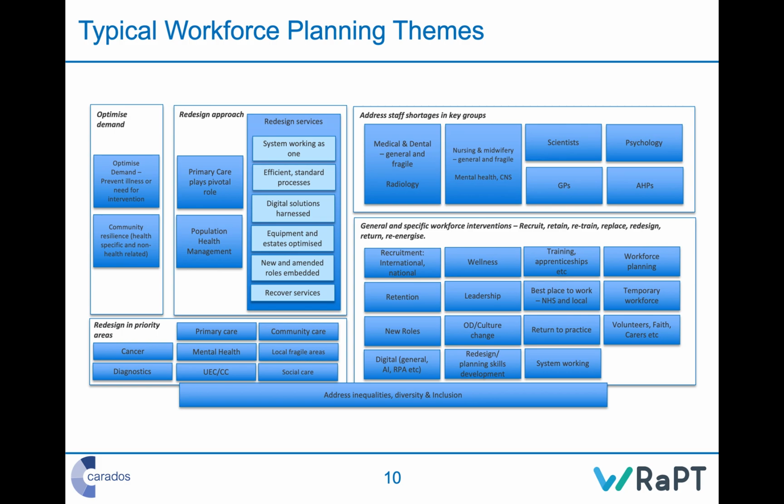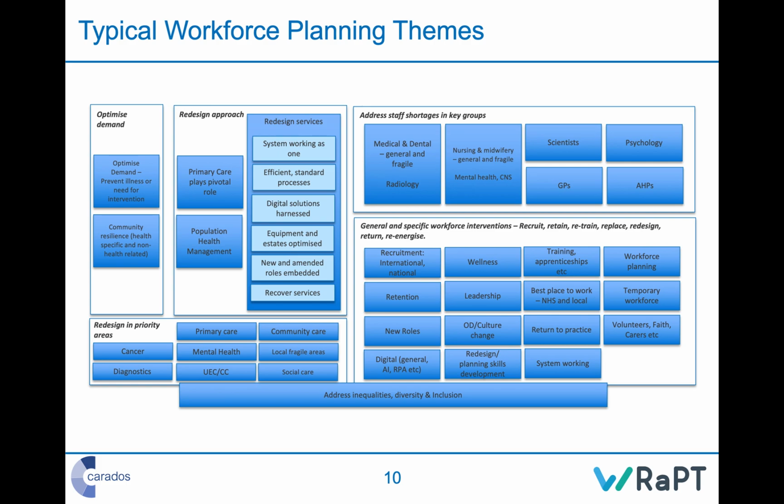So first of all, there's a lot of redesign stuff you can do, which is the first 3 boxes on the left hand side. You can be optimizing demand, really trying to prevent illness or the need for intervention in your community, potentially using population health management information.